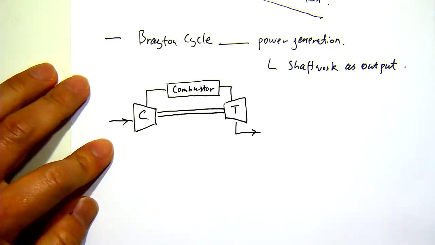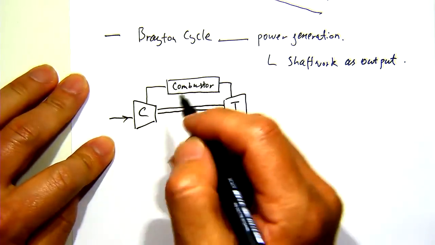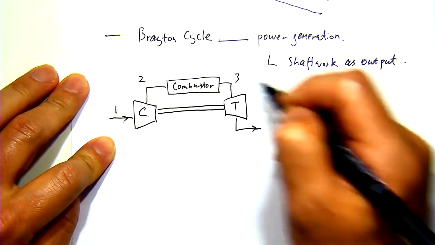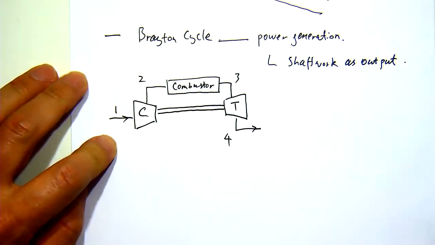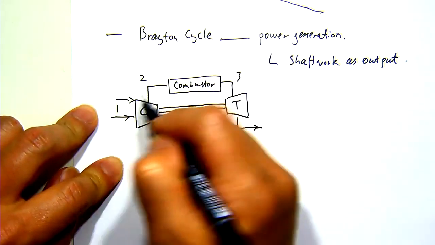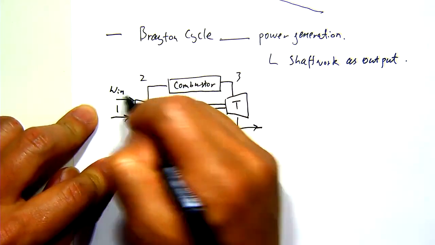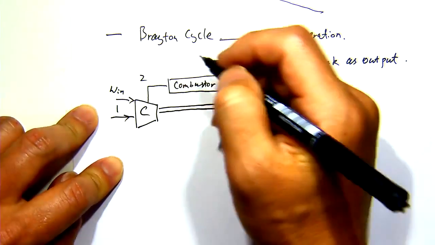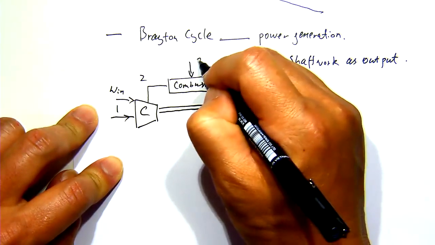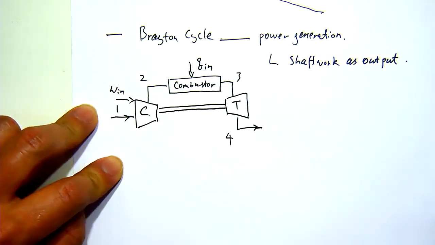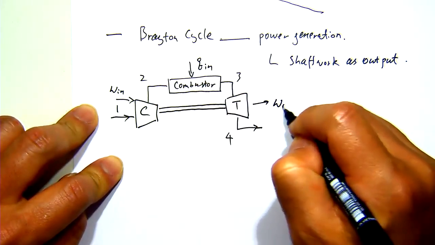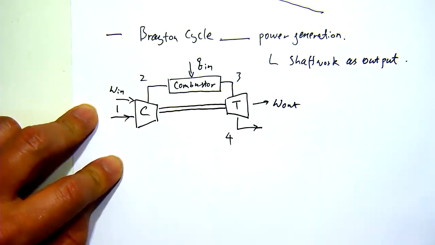In this process, we call these states 1, 2, 3, and 4. At the compressor, you have work being input into the system. Then at the combustor, you have heat being added into the system. At the turbine, you have work being output from the system.